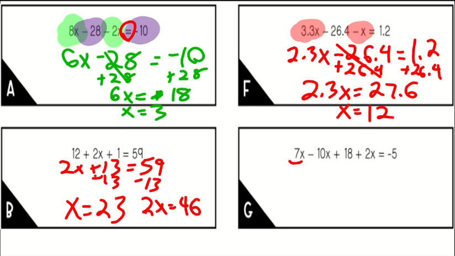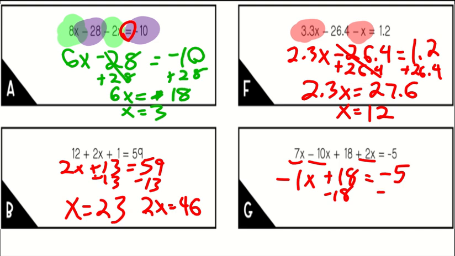I've got a 7x, a minus 10x, and a 2x. To me, if you do the ones with the same sign first and then put them together with the different signs, that sometimes makes it easier. So 7x plus 2x is 9x. 9x minus 10x makes a minus 1x, or negative x. We got plus 18 equals negative 5.